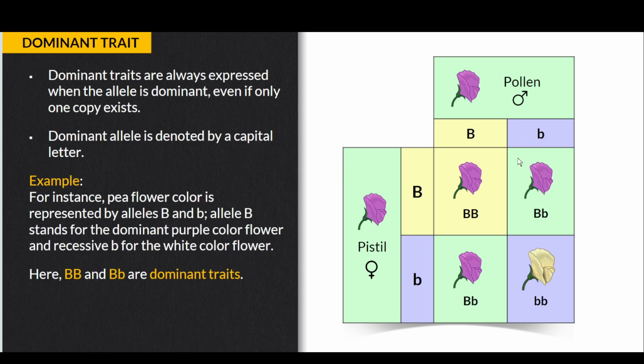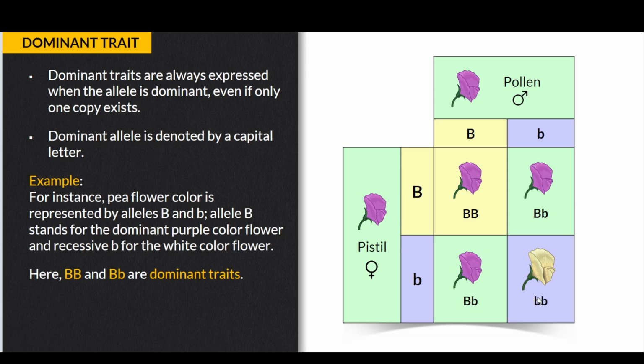But here both are small, so small b and small b give us white. Here both of them are dominant. Here one is dominant, and the dominant one will show its effect, and that's why it is purple. Again, purple is dominant over white, that's why we get a purple flower.